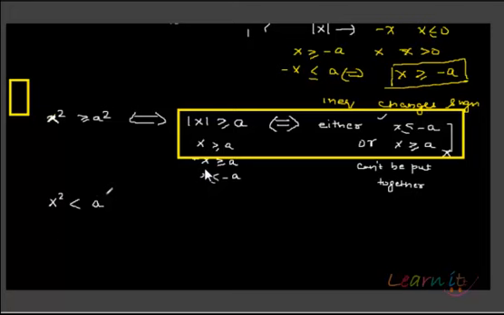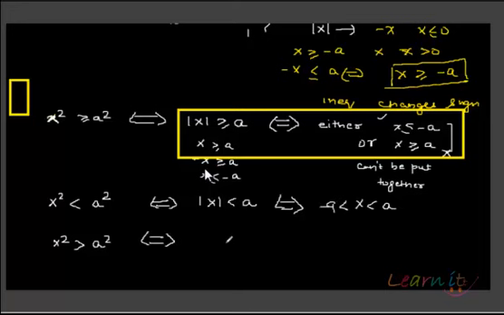Now we have seen the weaker inequalities. We can look at the strict inequalities. The same thing will flow with the stricter inequality. So x square strictly less than a square would mean that x lies strictly between minus a and a.